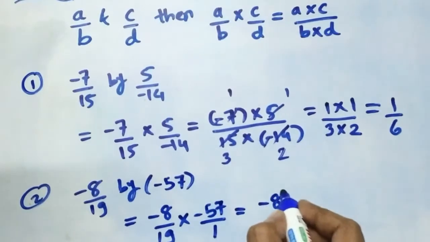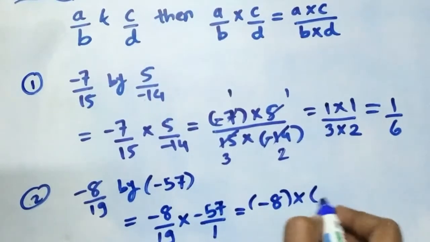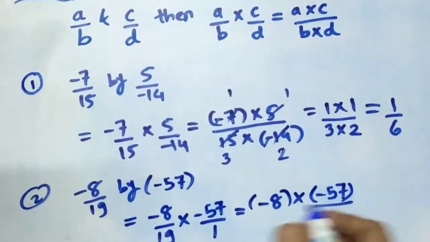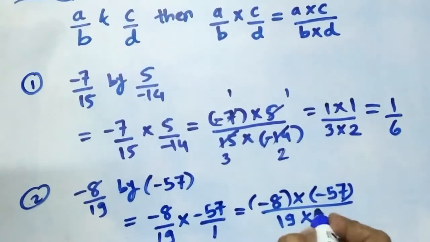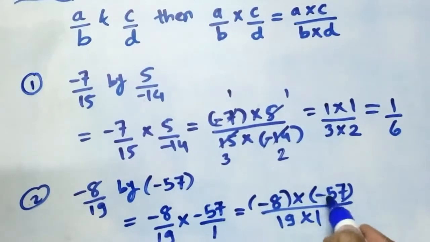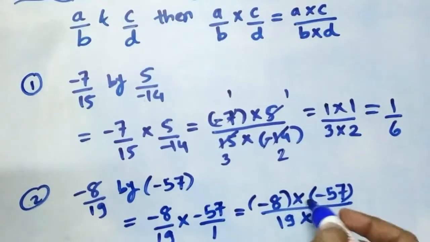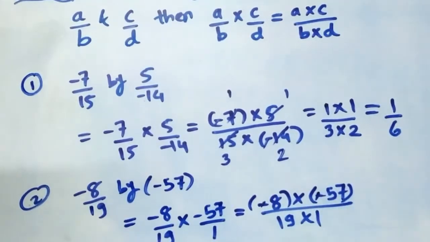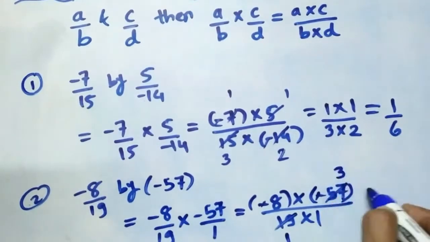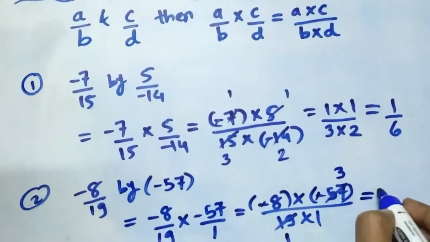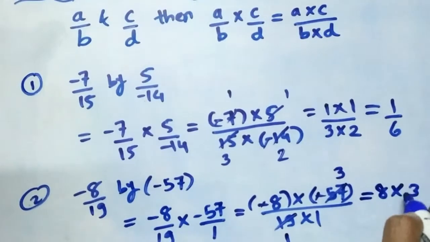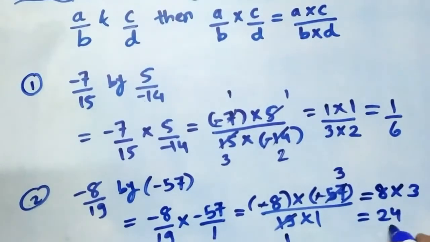Now just take the product of numerator and the product of denominator. If possible, simplify it, and in multiplication this minus sign will cancel with this minus sign. Here 19 ones are 19, 19 threes are 57, and we are left with 8 into 3. That is 8 threes are 24, the final answer.